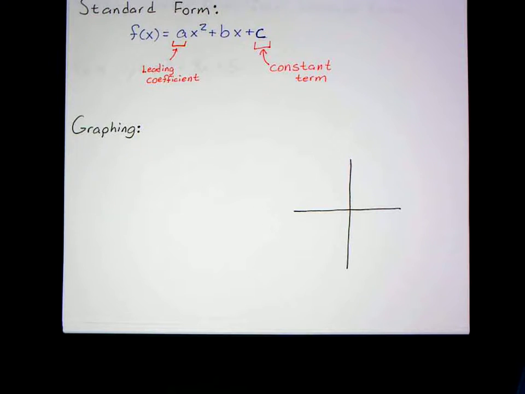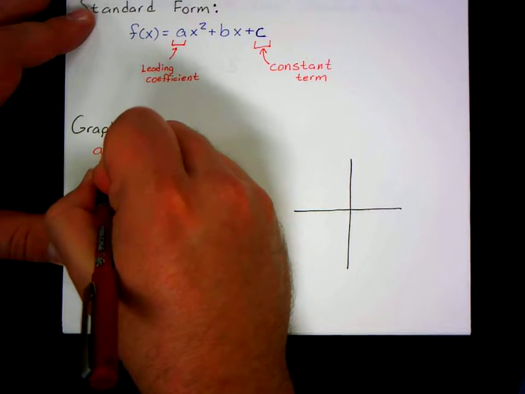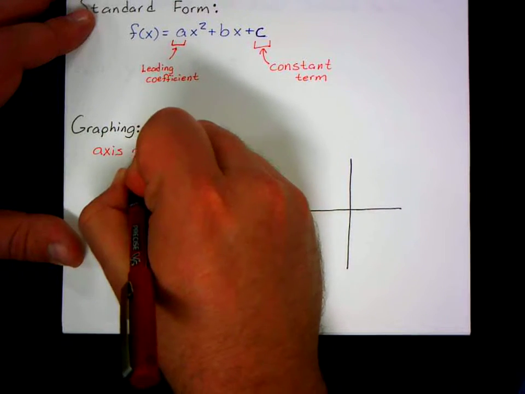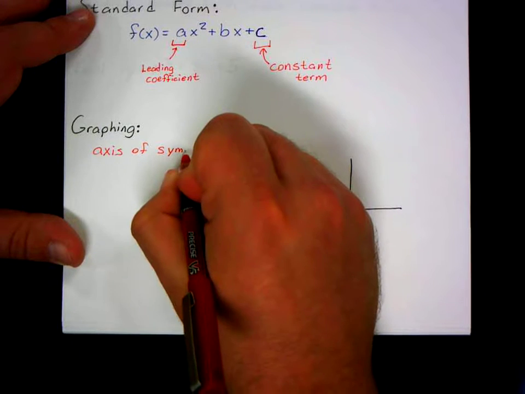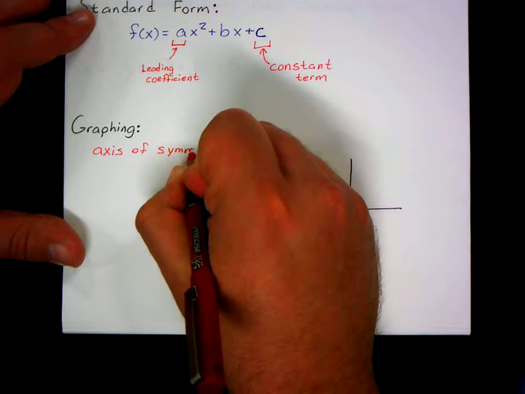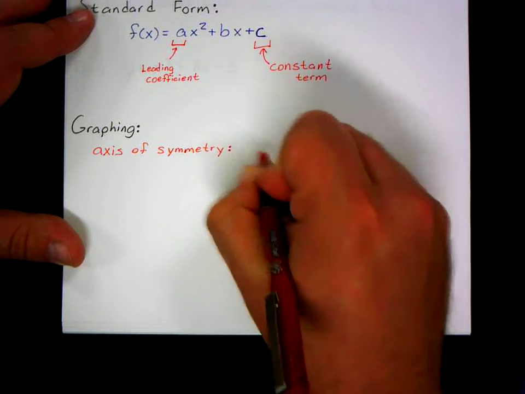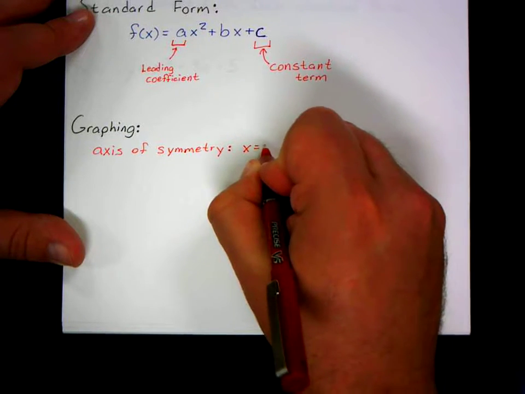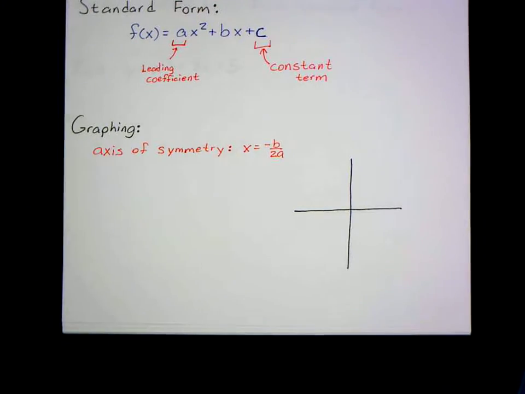To start with, whenever we graph, we start by finding your axis of symmetry. Negative b over 2a gives you the middle of your parabola.